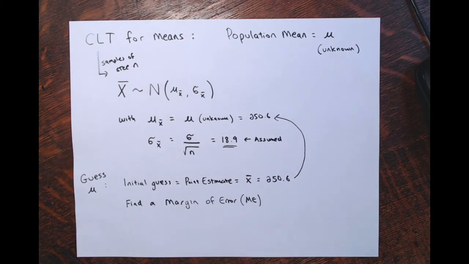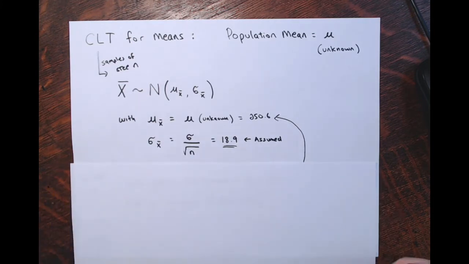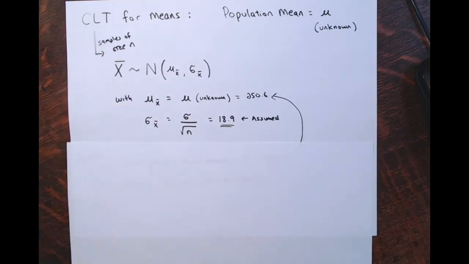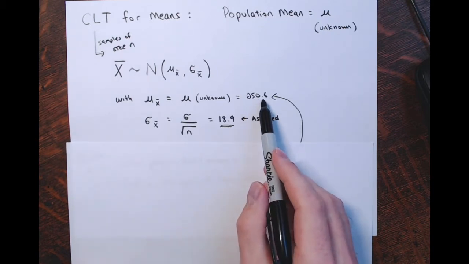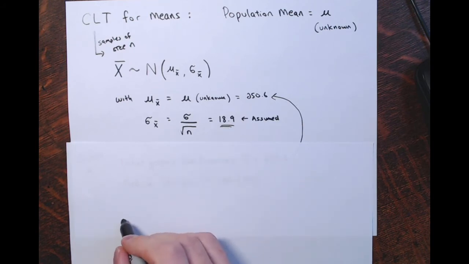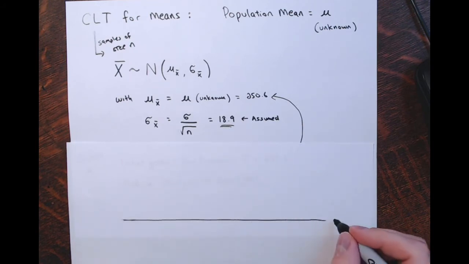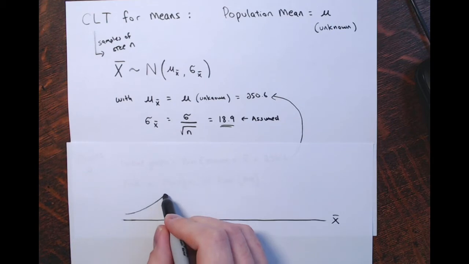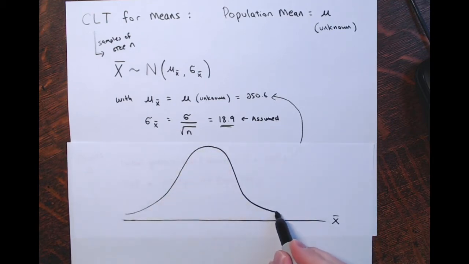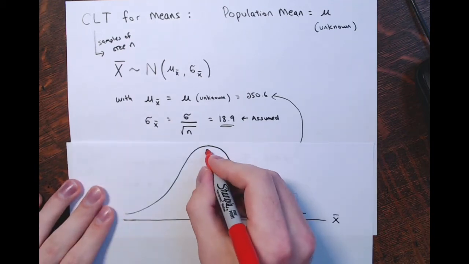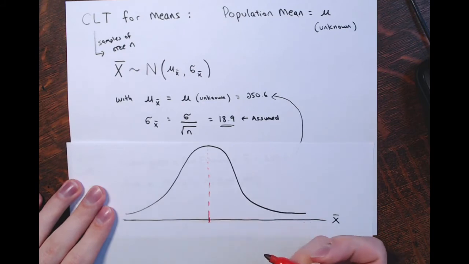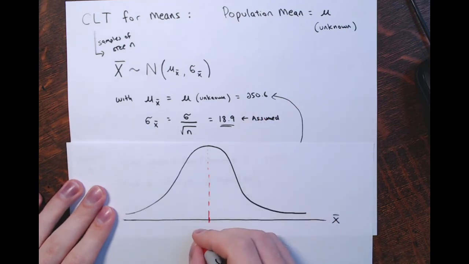I'm going to draw a little picture here. We're using the central limit theorem, so the distribution of these sample means for whatever size sample we took is normal with a mean of 250.6 and a standard deviation of 18.9. Here are the different possible values of x bar, and the distribution is normal, so I'm going to create this symmetrical bell-shaped curve right above the number line. Under the peak is our first guess at the mean, this point estimate of 250.6.